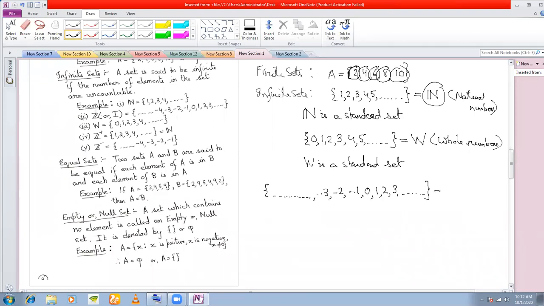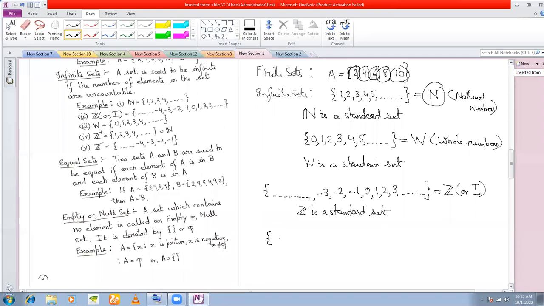This set is called the set of integers and is denoted by Z. Sometimes it is also denoted by I. Okay, but the standard notation is Z. So remember, whenever I write Z in this manner, it will mean that Z is a standard set, the set of integers. Okay.